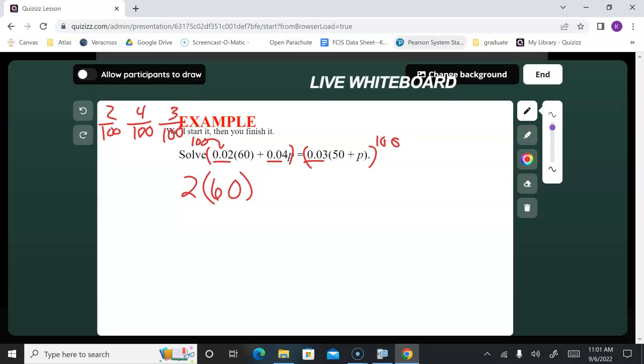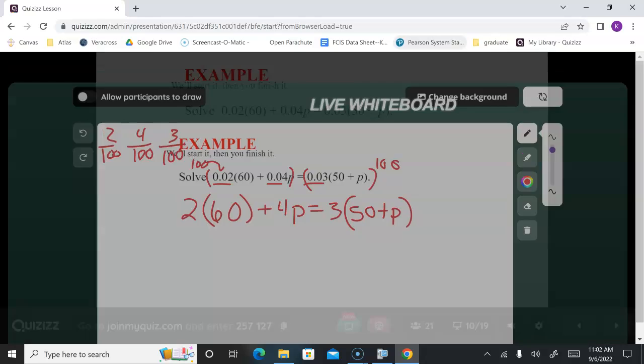What's 100 times 4 hundredths? What's 100 times 3 hundredths? It just makes easier numbers to deal with, especially when we get to the part where we're starting to combine like terms. It's much easier to add and subtract whole numbers than decimals. All right, you're going to finish this one on your own.